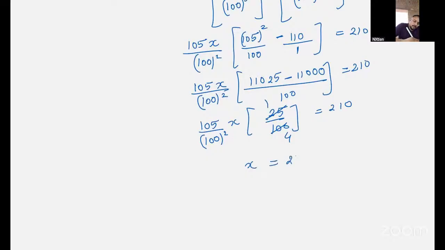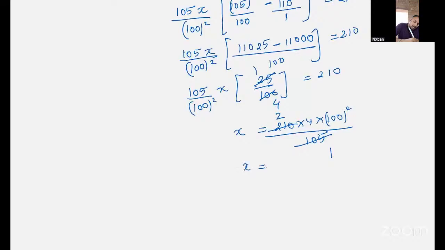It will be 210 into 4 into 100 square upon 105. 105 ones are 105, twos are 210. So x equals 8 into 100 into 100. So x equals 800 into 100, it will become 80,000. This is the answer.